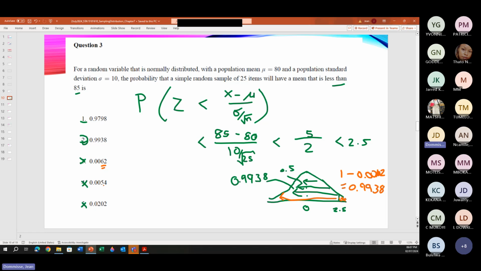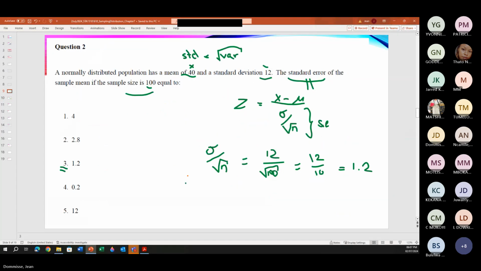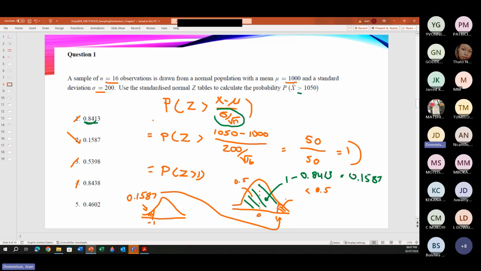So even if we look at this one, there was, like I said, the option of the other table.